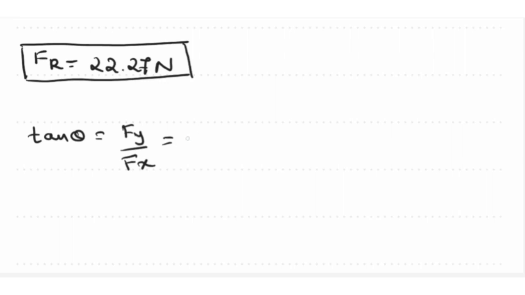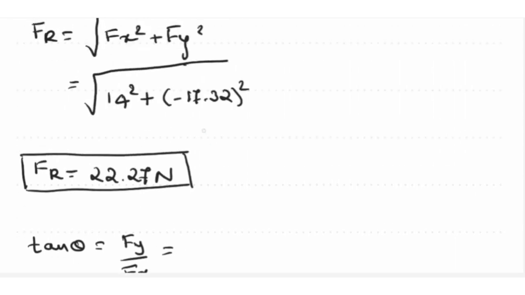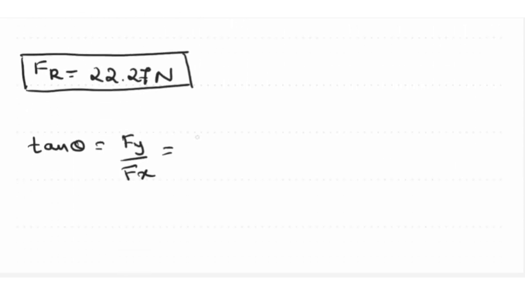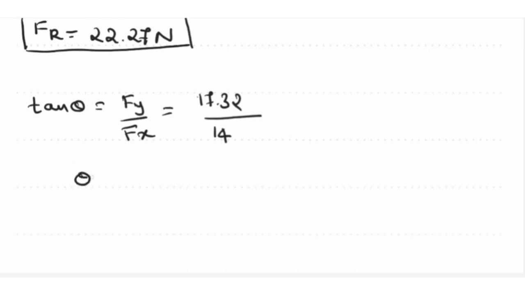Fy is 17.32 divided by Fx is 14. So if you solve, you will get theta is equal to tan inverse of 17.32 divided by 14. So that is equal to 51 degree 3 minutes.